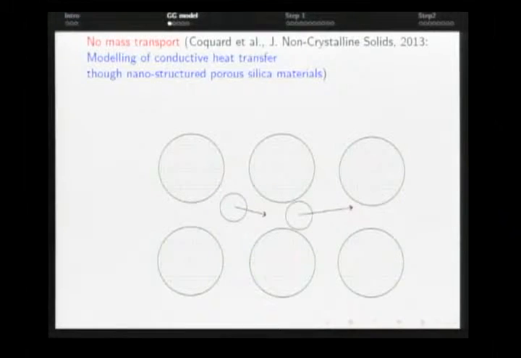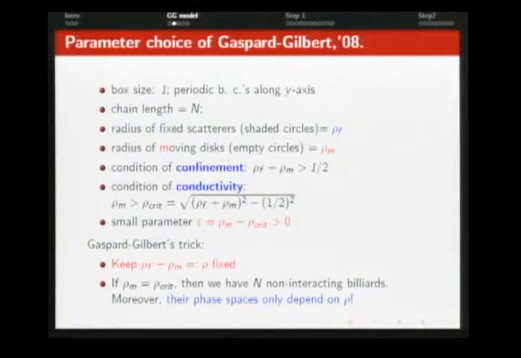Okay, now I return to the model of Gaspard and Gilbert. It's also important in their approach, the geometric parameters of the model. I introduce it in the two-dimensional case. Of course, the higher dimensional case, you can do it in the same way. So I assume that the box size is 1.